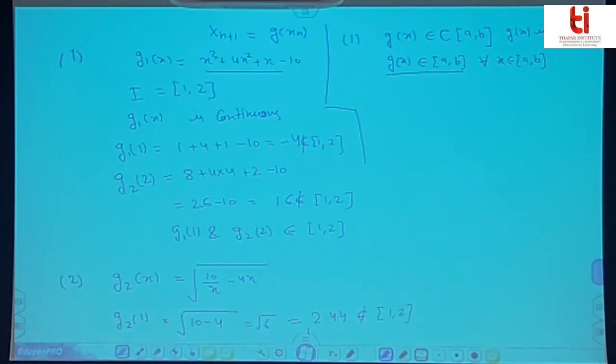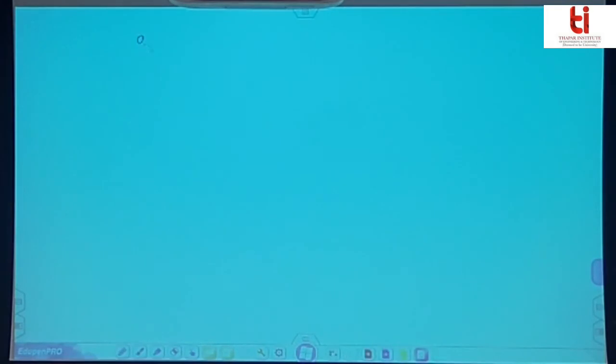If we are taking the next value, that is g2(2), it is 10 upon 2 minus 4 into 2, that is 5 minus 8. That is an imaginary number.